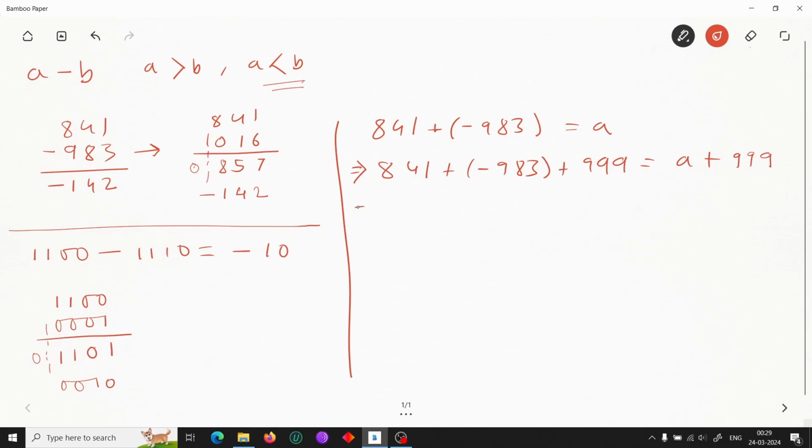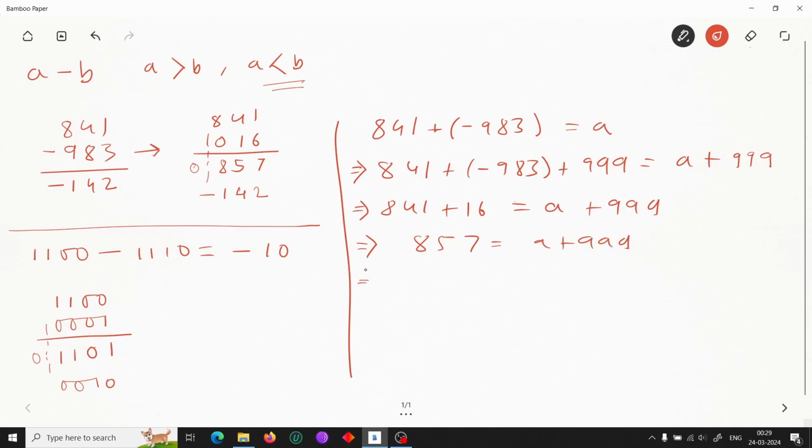Okay, now this one basically becomes 841 plus of 16, and this is equal to a plus 999. And then finally this is my 857, which is equals to a plus 999.